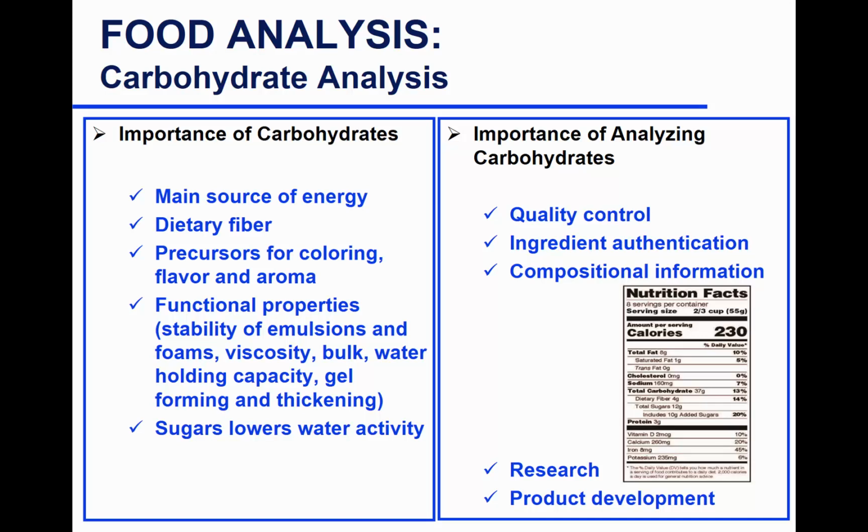and then product development as well. When you're producing a new product, you want to determine whether you ended up gelatinizing the starch, whether you ended up retrogradating the starch, whether the amylose to amylopectin ratio is the ratio that you want for your texture. For example, amylose retrogradates faster than amylopectin.